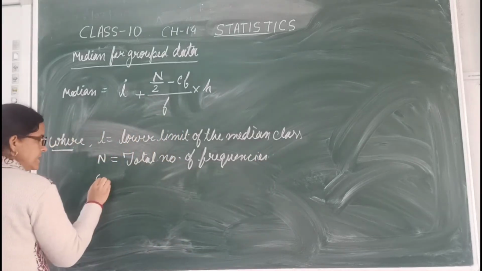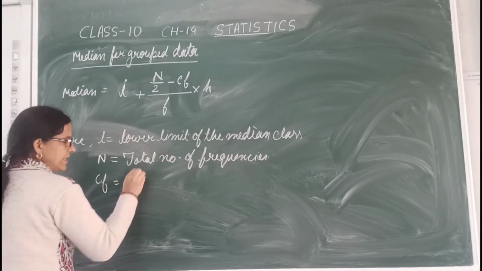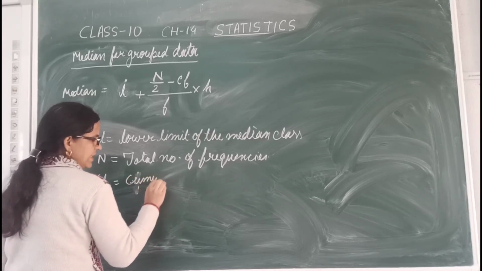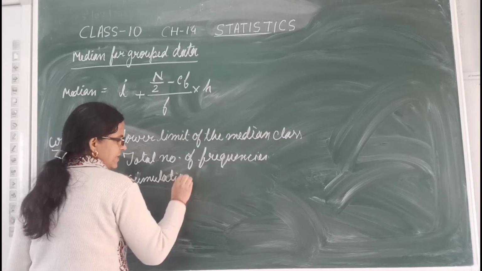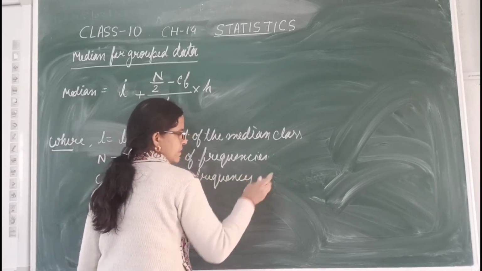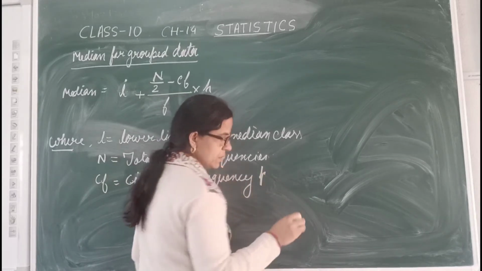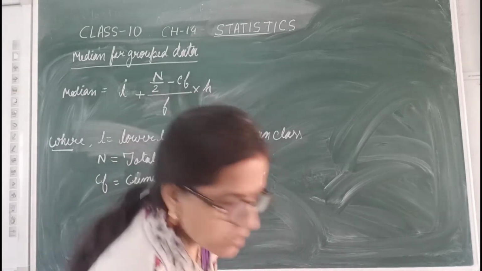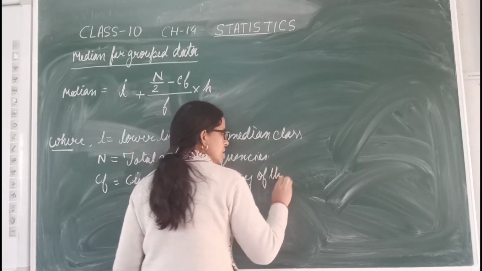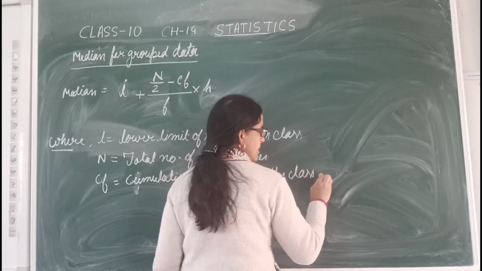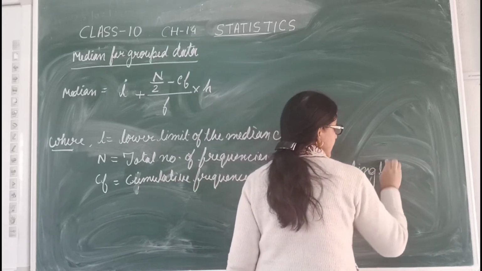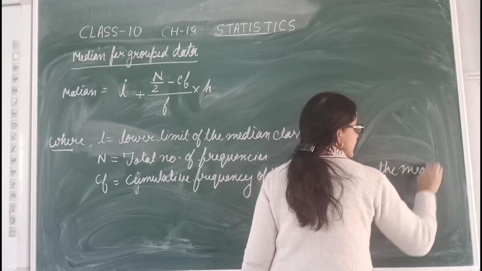CF equals the cumulative frequency of the class preceding the median class.